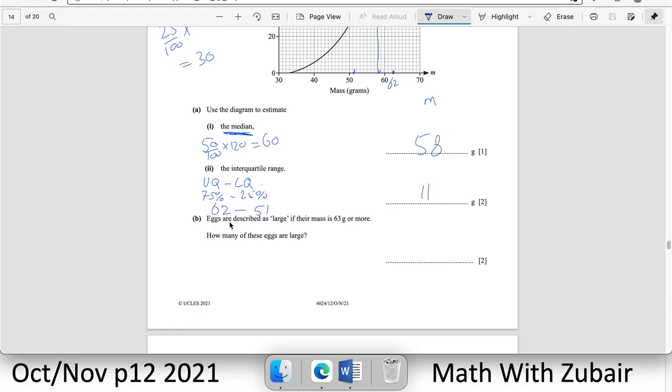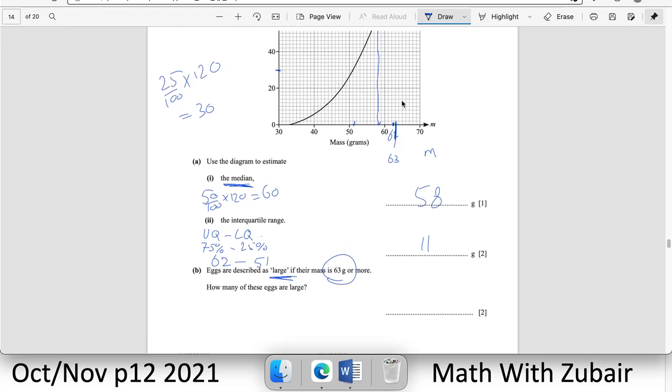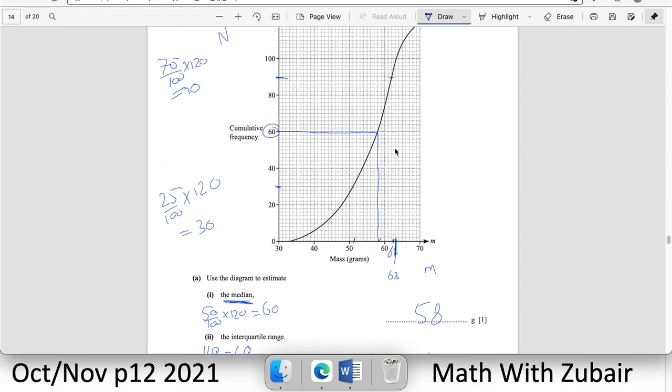B part. Eggs are described as large if their mass is more than 63. So the mass is given on the x-axis. So look at this third point for 63. Move up and read the graph carefully. It intersects here at this point, which is 92.